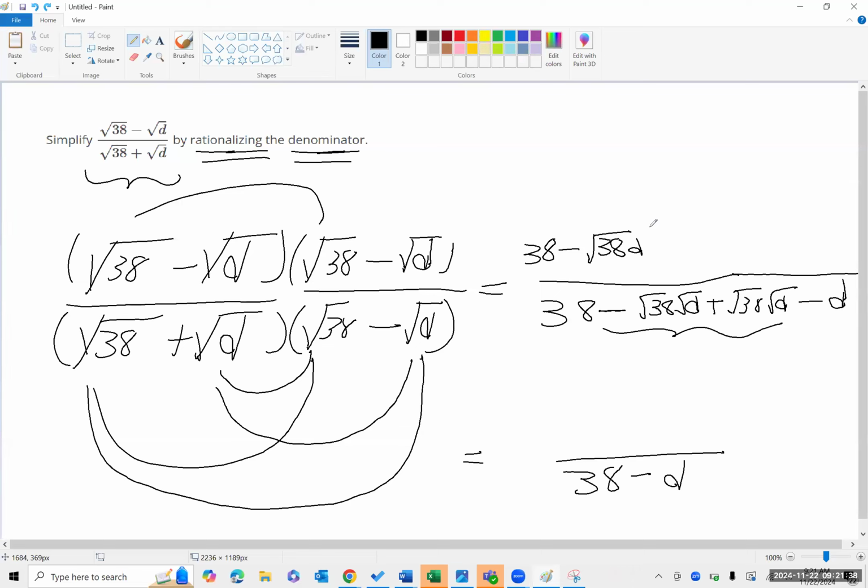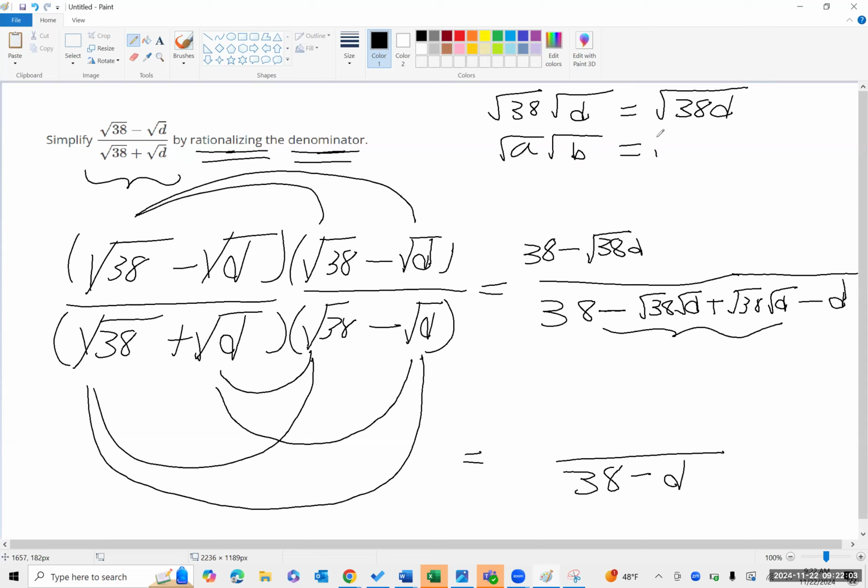So it's the outer, and I'll do it over here as scratch work: 38, square root of 38 times the square root of d. You can combine them inside the same radical. The rule generally is the square root of a times the square root of b is the square root of a times b.